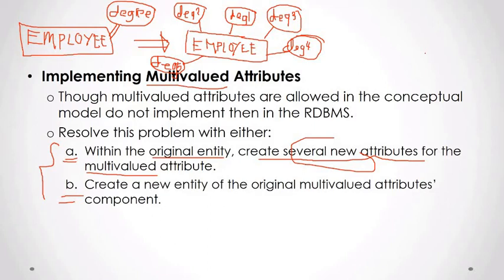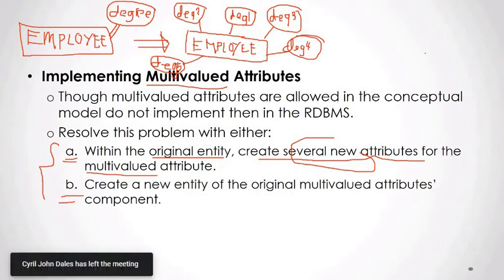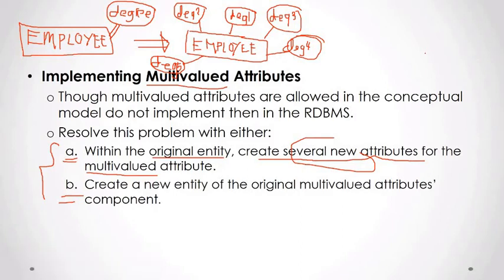The problem with option A is, what if you have 1,000 employees and out of the 1,000 you only have 10 employees who have 5 degrees?